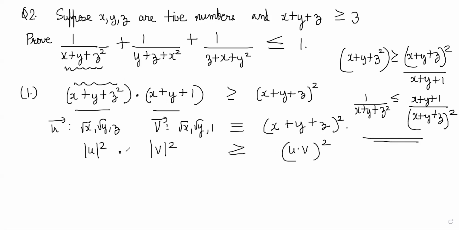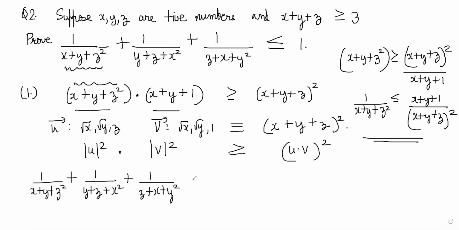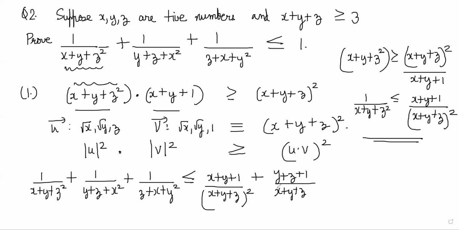We are getting this. So basically our inequality, we can say 1 by x plus y plus z square plus 1 by y plus z plus x square plus 1 by z plus x plus y square will be less than or equal to x plus y plus 1 by x plus y plus z whole square plus the next one will be y plus z plus 1 by x plus y plus z whole square.